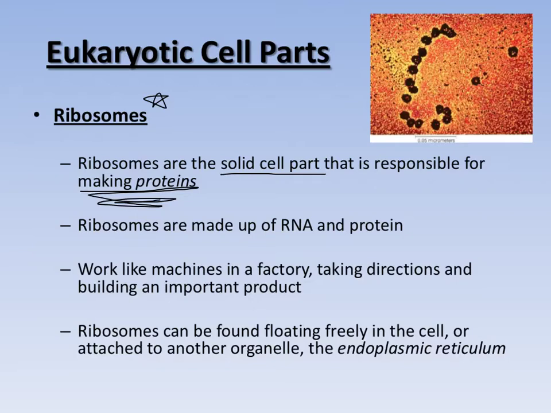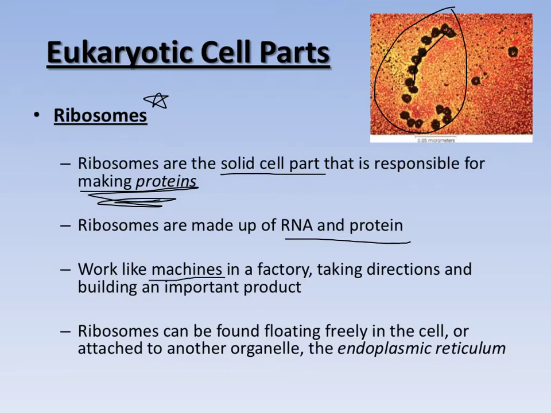The way that ribosomes work is they're this solid piece of RNA and protein, and they actually can read genetic material, in this case RNA, and use that information to build a protein. So what we see here looks kind of like beads on a string. And the string here would be that RNA, and these ribosomes are actually sitting on it and making proteins from it.